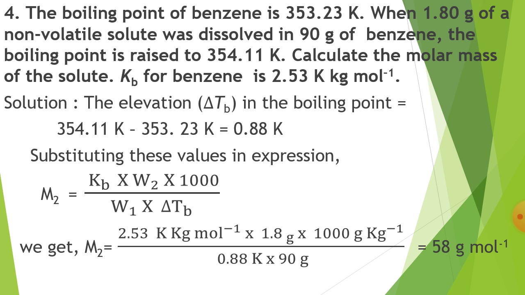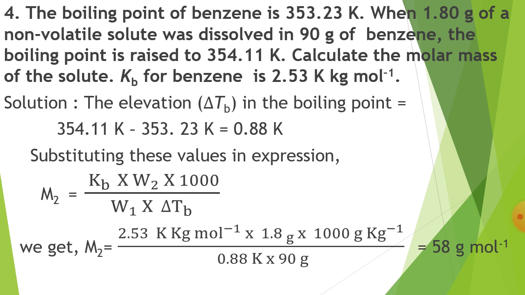This can be calculated from Tb minus T naught b. Tb means the solution, given as 354.11, minus the pure solvent, T naught b, 353.23 Kelvin. By this we get delta Tb equal to 0.88 K.